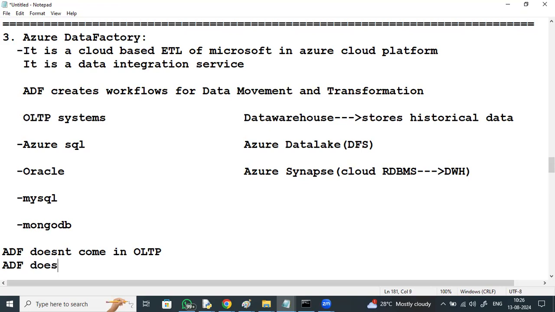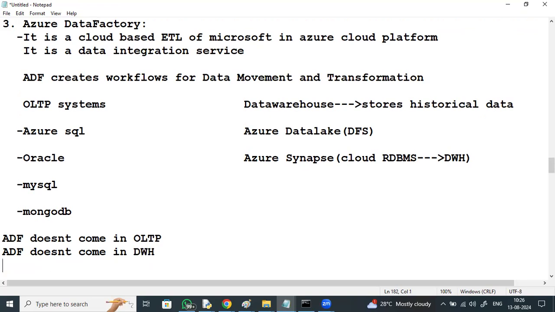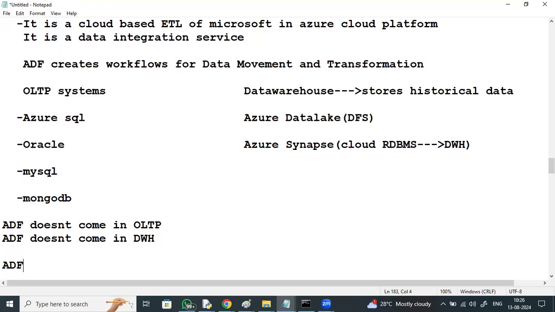ADF doesn't come in data warehouse. ADF is an integration service.